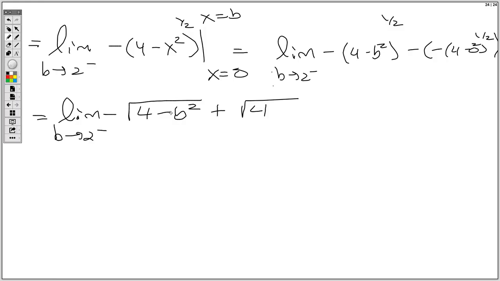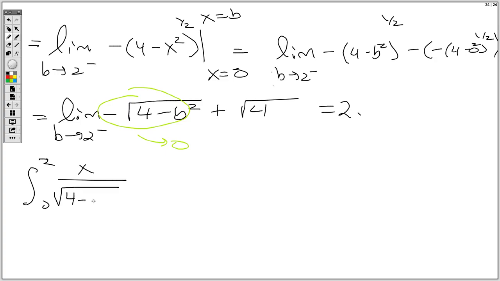You're taking the square root of smaller and smaller positive numbers. So this is going to go off to 0. And I'll be left with the square root of 4, which is 2. So we would say that the integral from 0 to 2 of x divided by the square root of 4 minus x squared dx converges to 2.